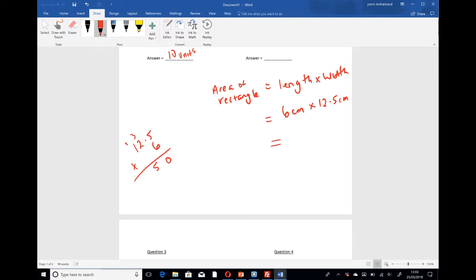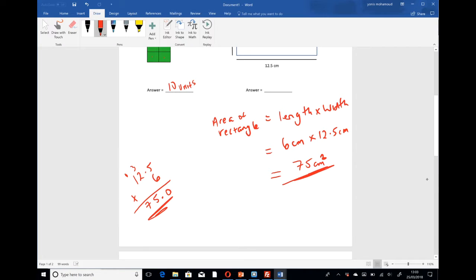Put the 5 down and carry the 1. 6 times 1 is 6, add that 1 is equal to 7. And just put the decimal place in. Then we have 75 centimeters squared. Don't forget to add this bit. This is the bit that tells us it is the area. Okay, so 75 centimeters squared.